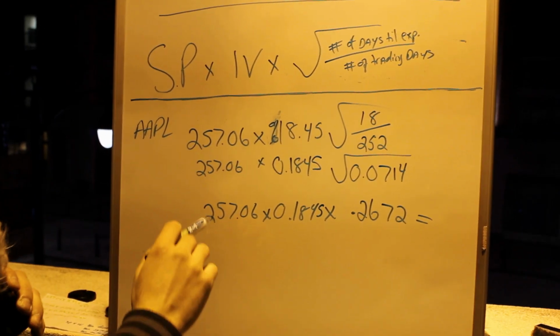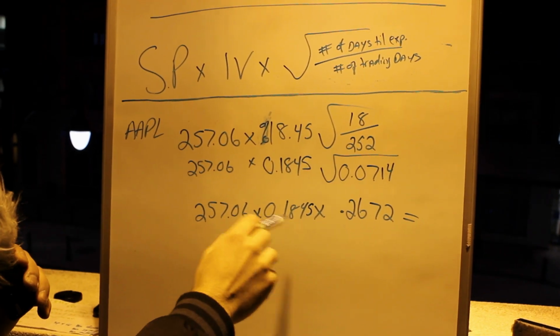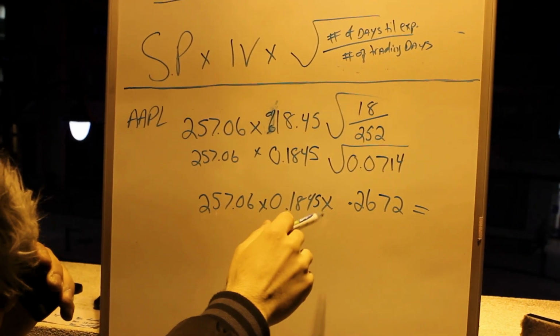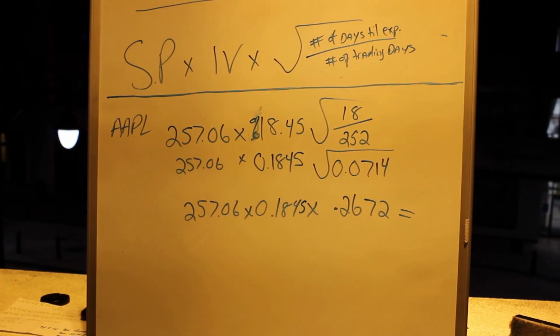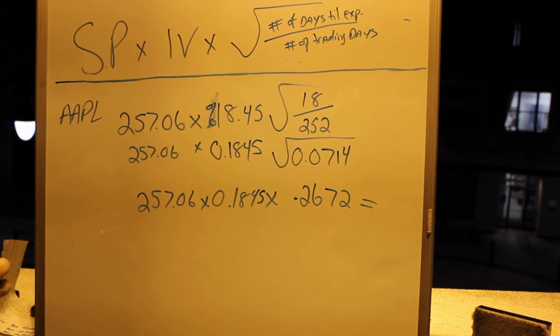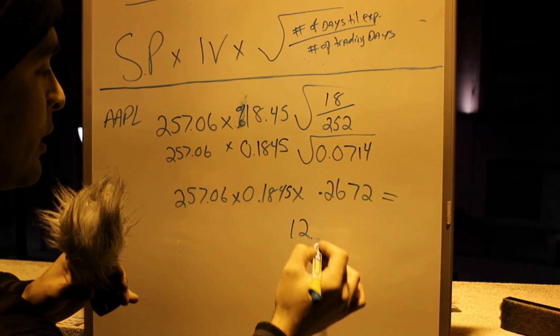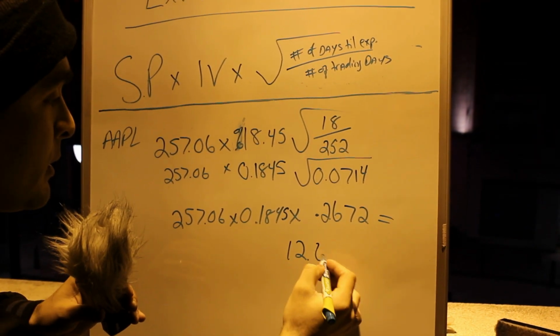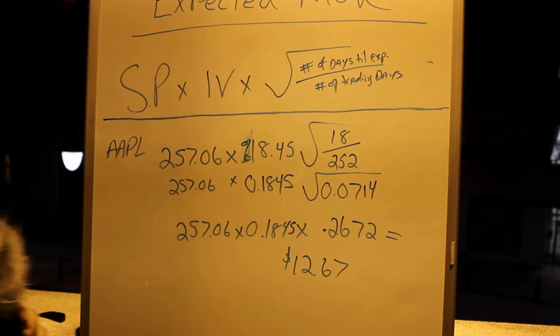But 257.06 stock price times IV, 0.1845, times 0.2672. Off the top of my head, that's 12.67. So that would be 12.67, and that's in dollar form.